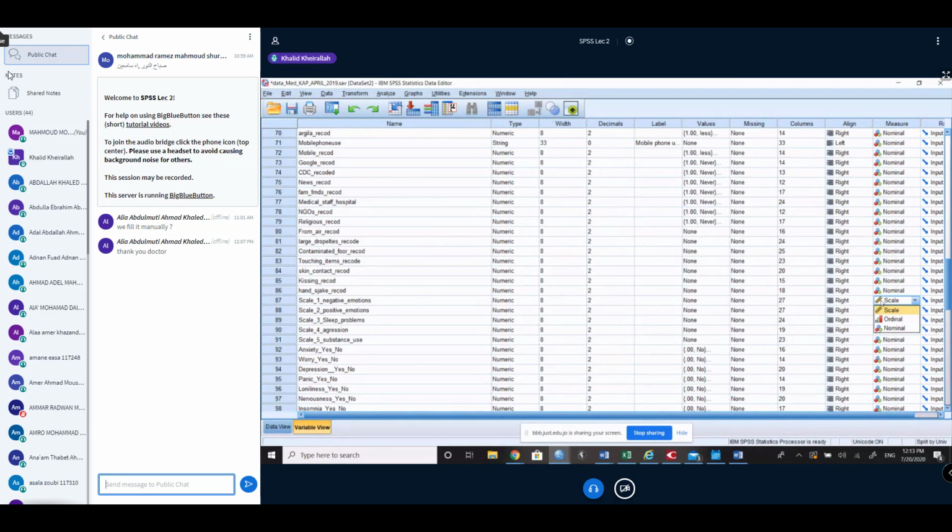In nominal, the ruler does not have numeric values. The ordinal, if the answer options or the categories of the variable have any numeric values, they could be ordered. The scale is when you have a continuous variable, you have to measure it on a scale.